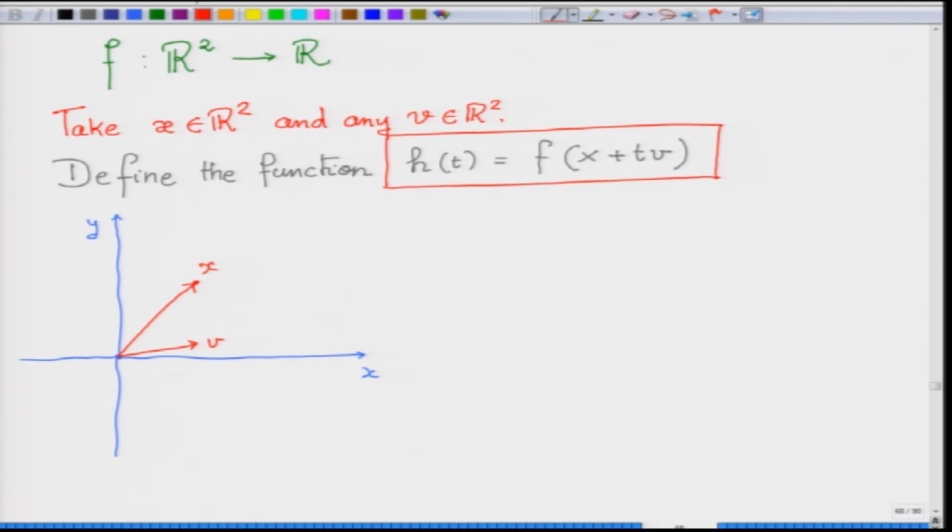What do you mean by t v? t v means, suppose I take t greater than 1 for the moment, I have pulled this vector v to some point t v. So, now this new vector has become t v, whose length is t times that of v. Now, x plus t v by the parallelogram law. I will have to draw a vector starting from x but parallel to the direction of v, and then from the point t v you know how to draw a vector exactly parallel to x.